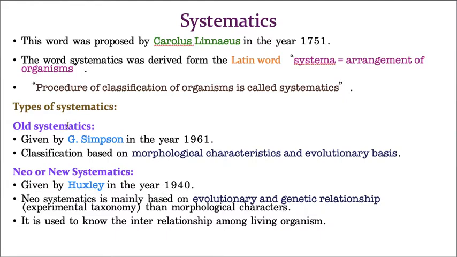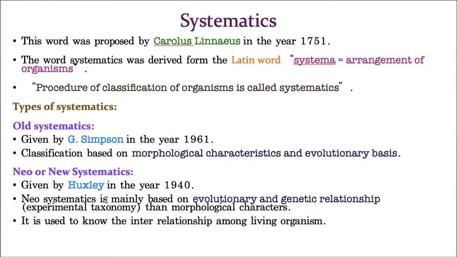And of course the second criterion of old systematics is the evolutionary basis. That means how the organisms are connected to each other, and old systematics is based on these two criteria. Whereas neo-systematics was given by Huxley.